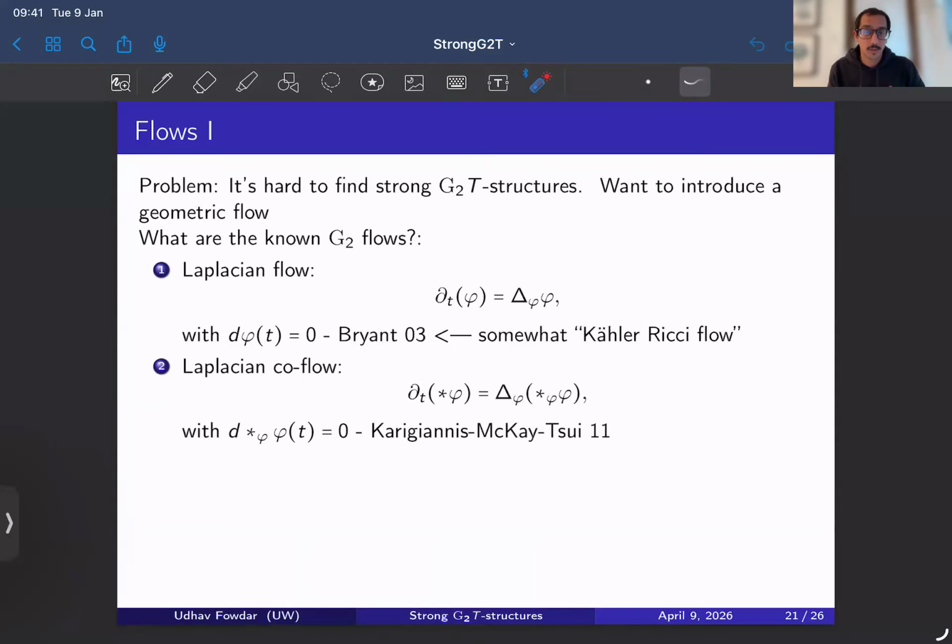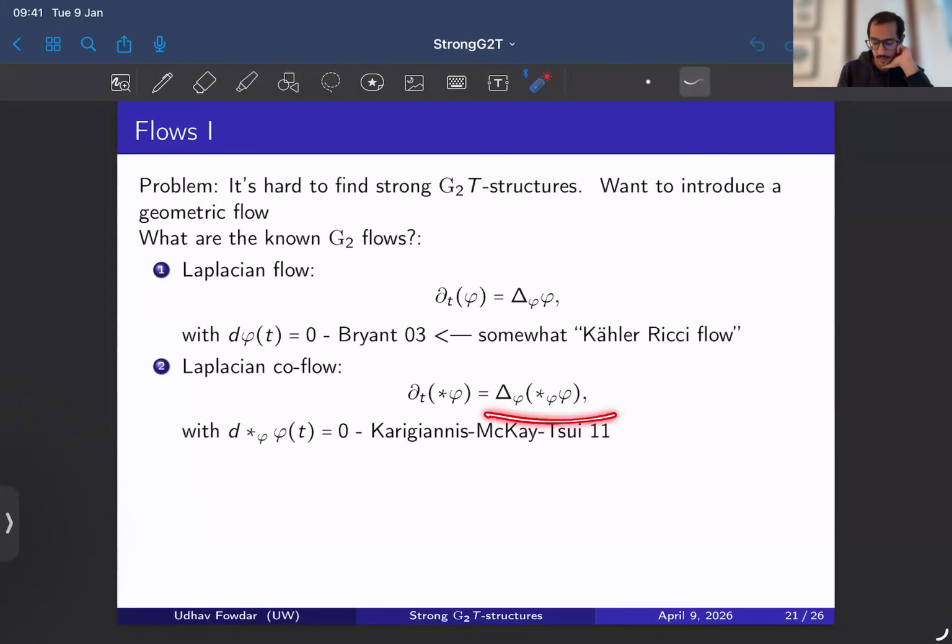An analog to the Laplacian flow was suggested in the work of Karigiannis, McKay, and Tsui quite a bit afterwards, which suggested, well, instead of looking at the evolution of the three-form by Laplacian, you can just take the Hodge star of the whole thing and try to evolve the four-form instead by Laplacian. So this was the flow proposed by Karigiannis and collaborators to try to find torsion-free G2 structures.